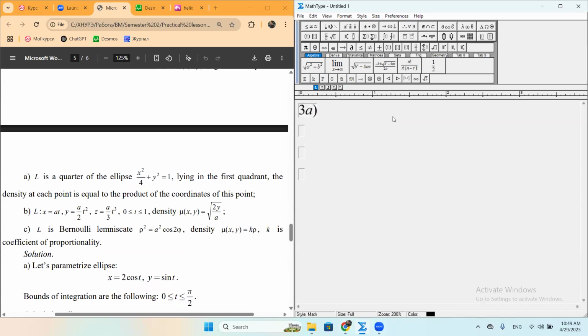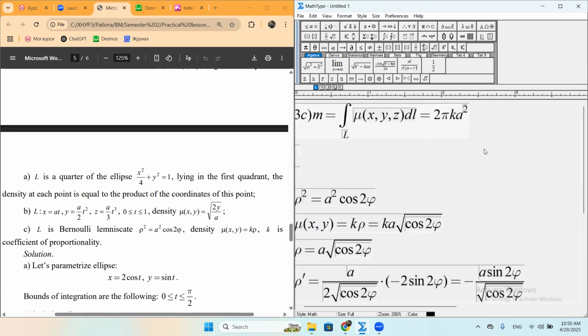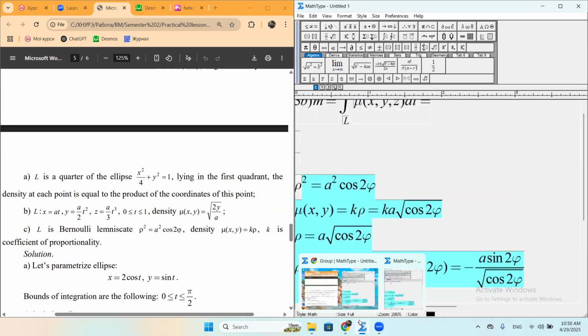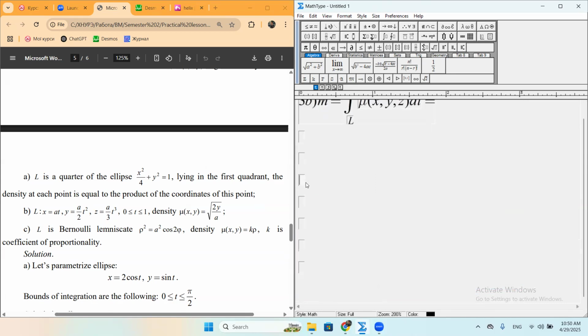So I will erase the mass. And here we have three variables. Oh, it is mu xy, okay.